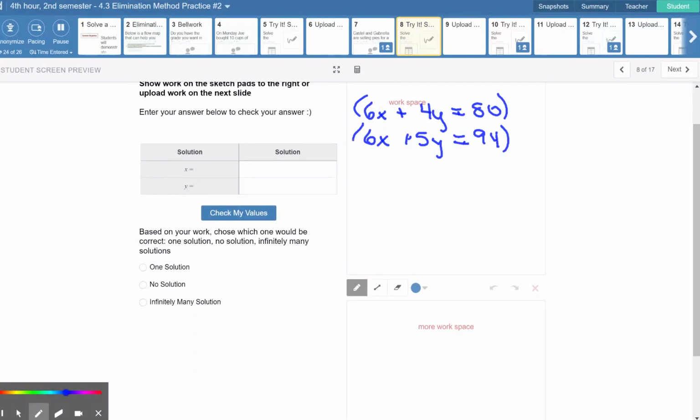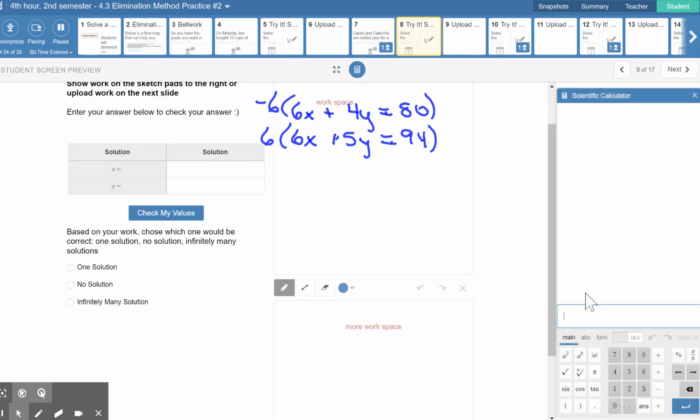So I'm going to multiply the first equation by -6. I'm going to multiply the second equation by 6. I'm going to do that on the calculator because these numbers are going to be rather big.